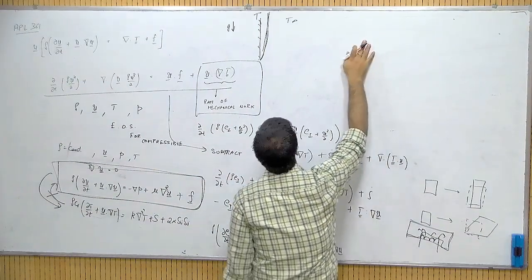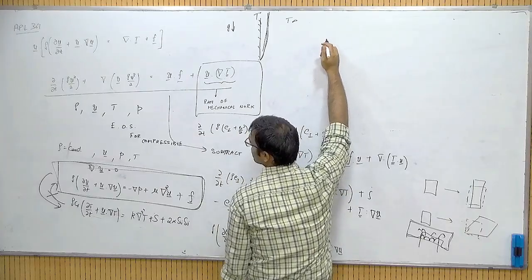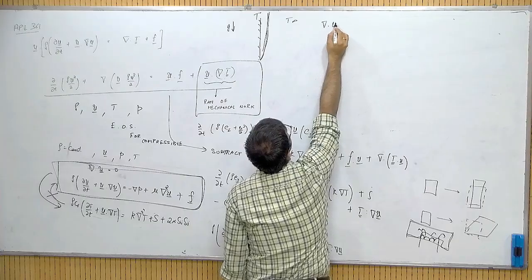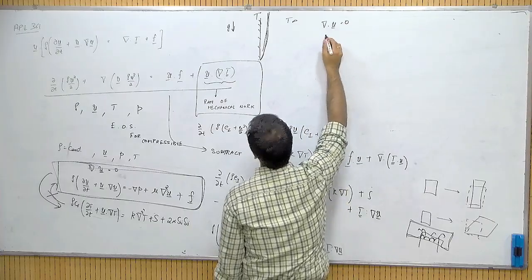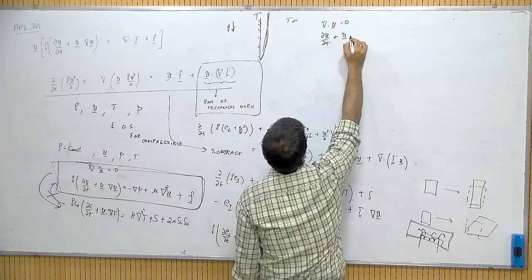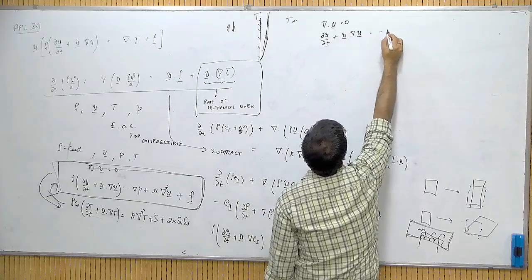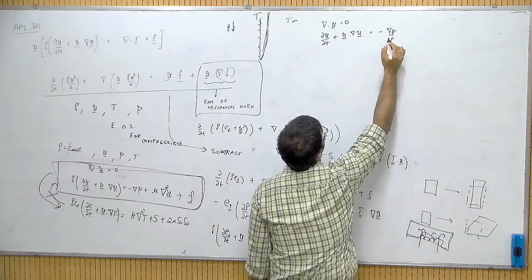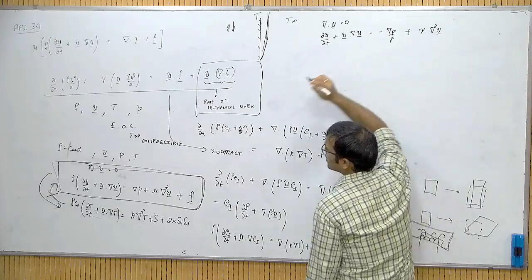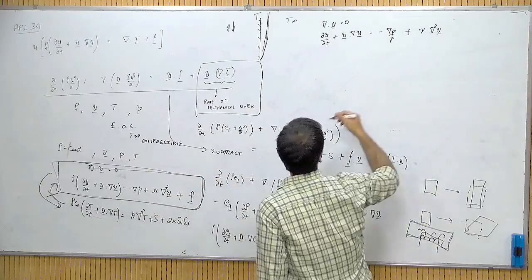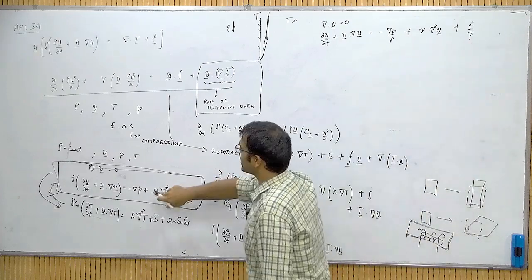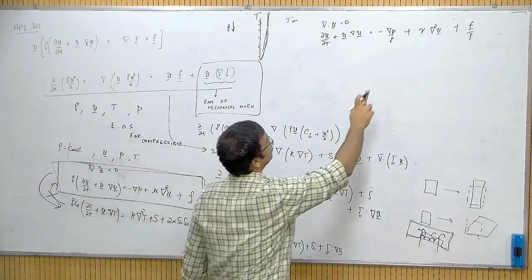Some comments about these equations, the momentum equation to be exact. Let's write both of them together: del u by del t plus u dot grad u equals f by rho minus grad p by rho plus nu laplacian u. Usually this is how these equations will be represented, where I divide the equation by rho, call this f by rho, and call mu by rho as nu.